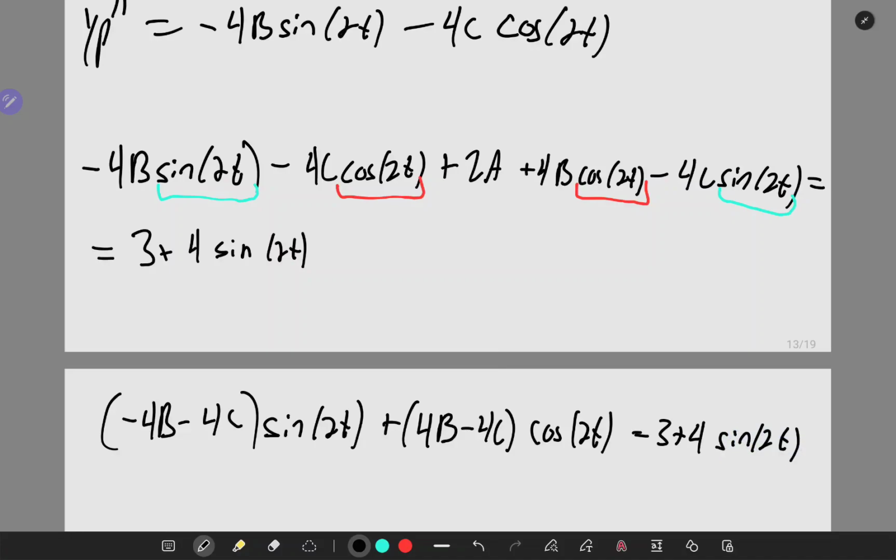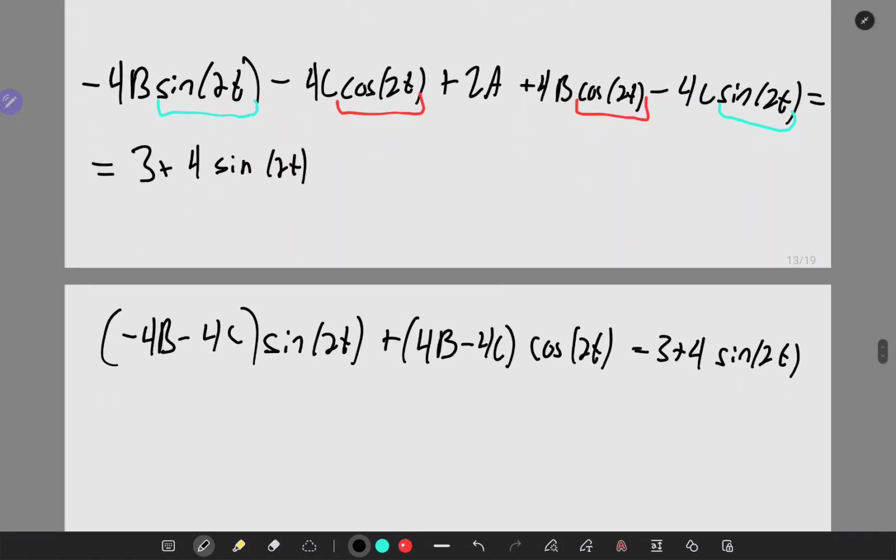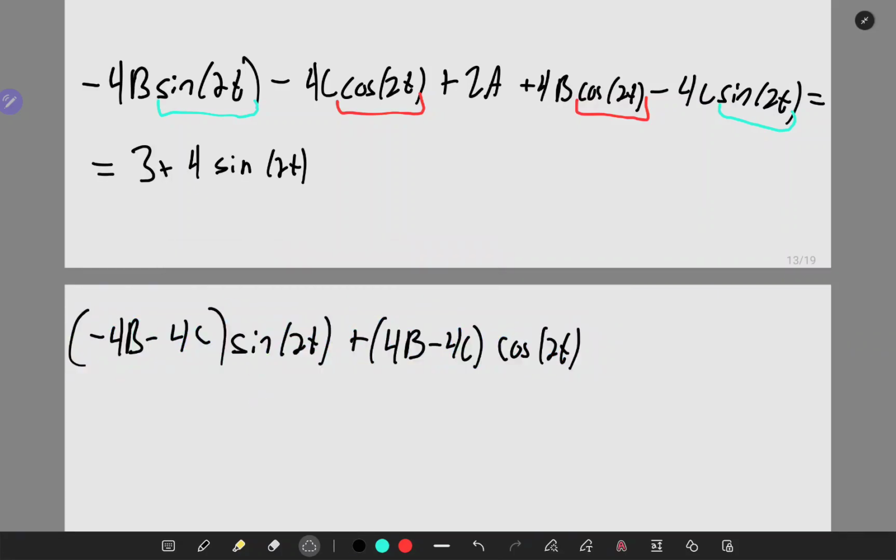Let me just make sure I'm on the right track here. Yes. Oh wait, I forgot the plus 2a. Let me move this over. We have plus 2a is equal to 3 plus 4 sine of 2t.